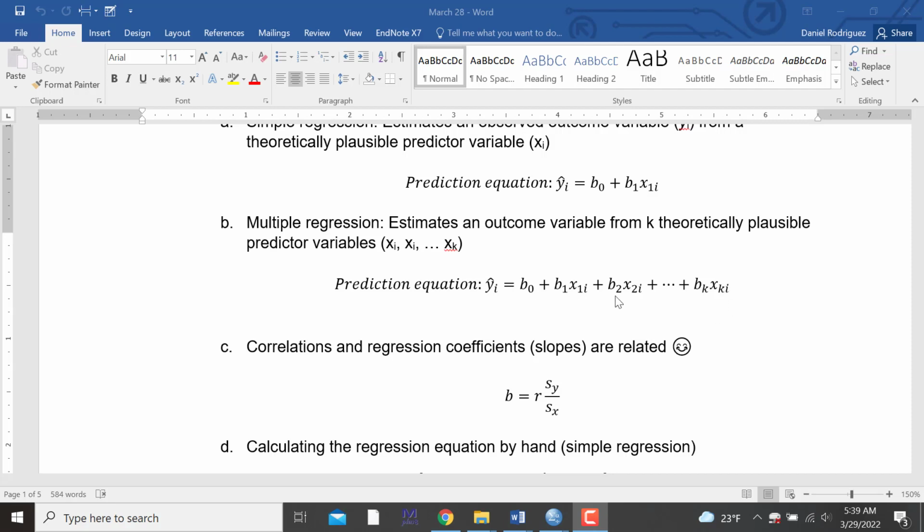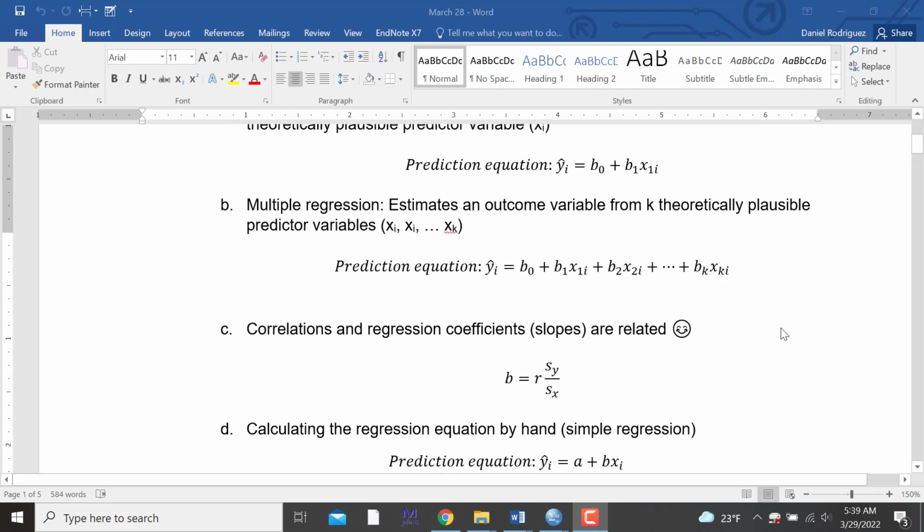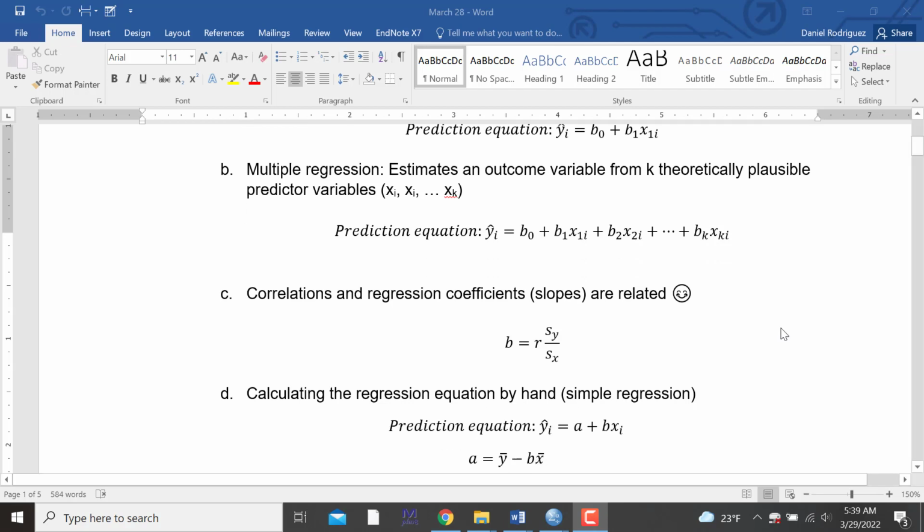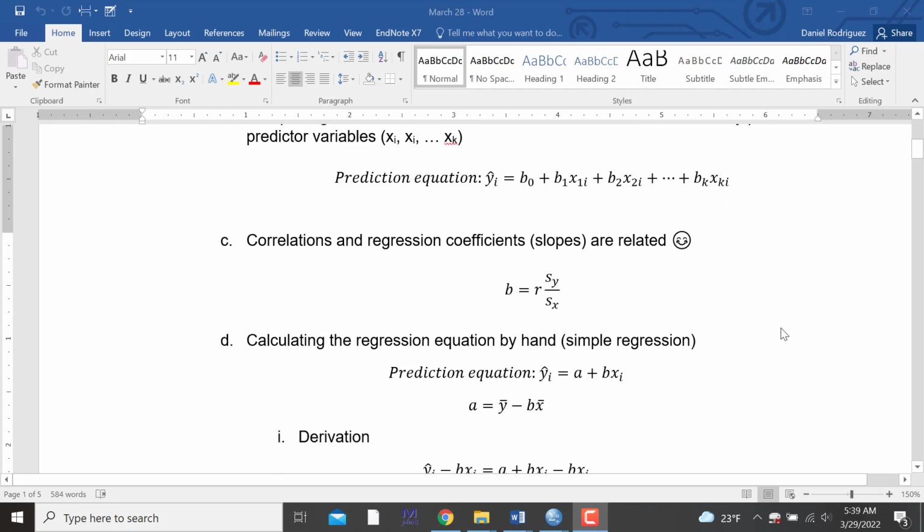Here we add variables to try to enhance our ability to predict our outcome. So we have b1, x1, and each one has its own slope. It can go on, but you never really want to have too many predictors, because then your model starts losing its efficacy.